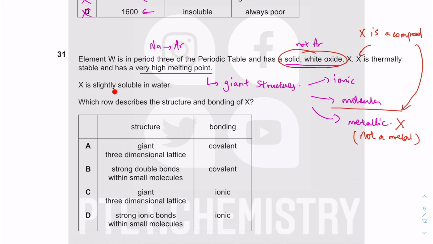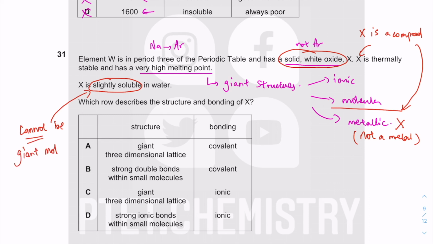X is slightly soluble in water. Okay, so giant molecular structure, what can we say? The fact that it's slightly soluble in water means it cannot be giant molecular.